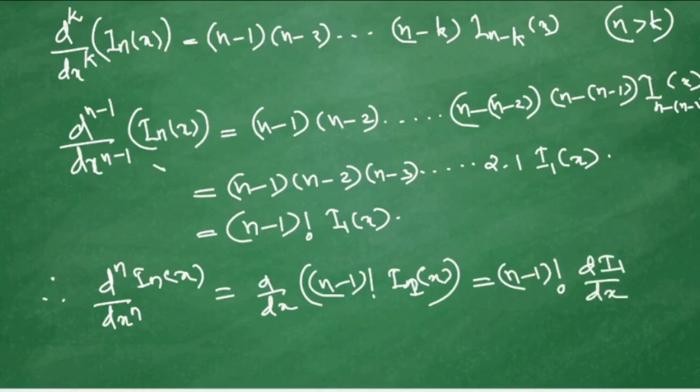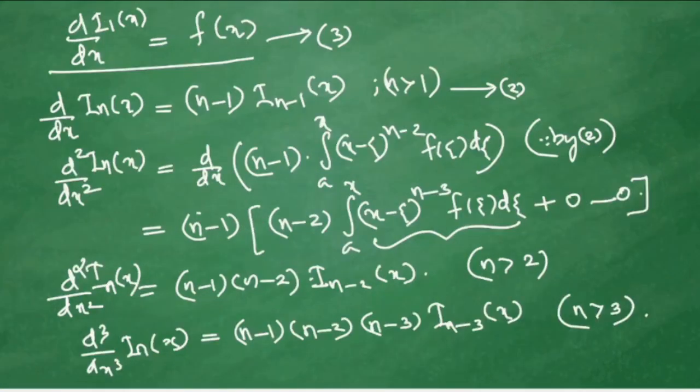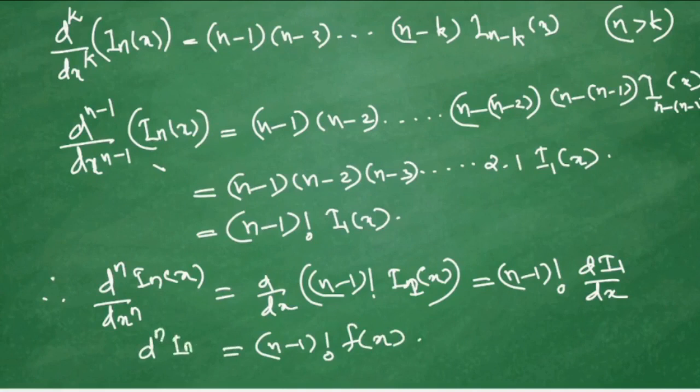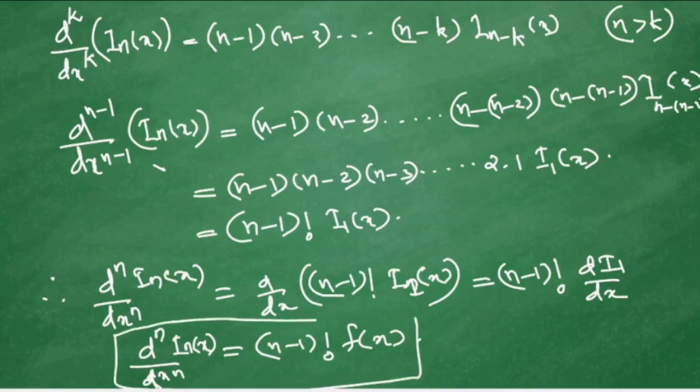Now what is dI1 by dx? dI1 by dx is, by equation number 3, f of x. So this is equal to n minus 1 factorial into f of x. So the nth derivative of I n of x is equal to n minus 1 factorial into f of x.